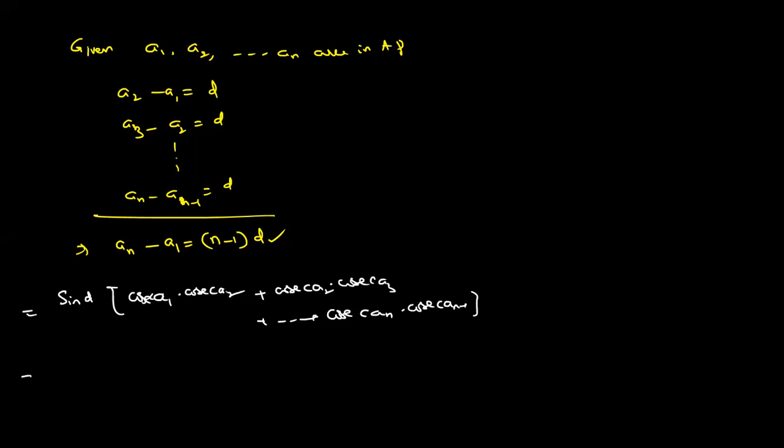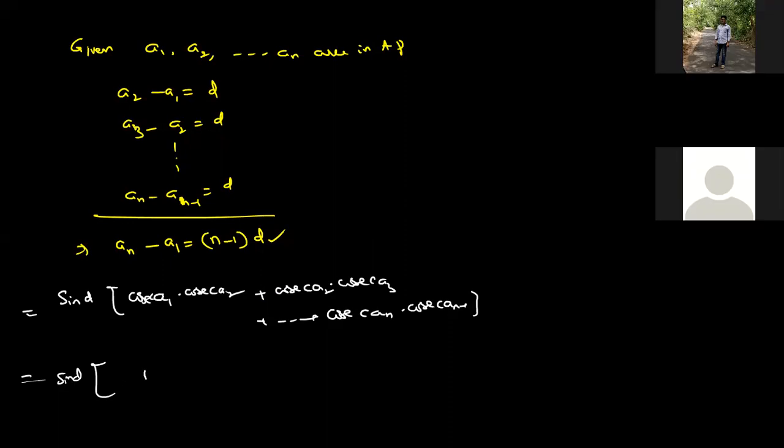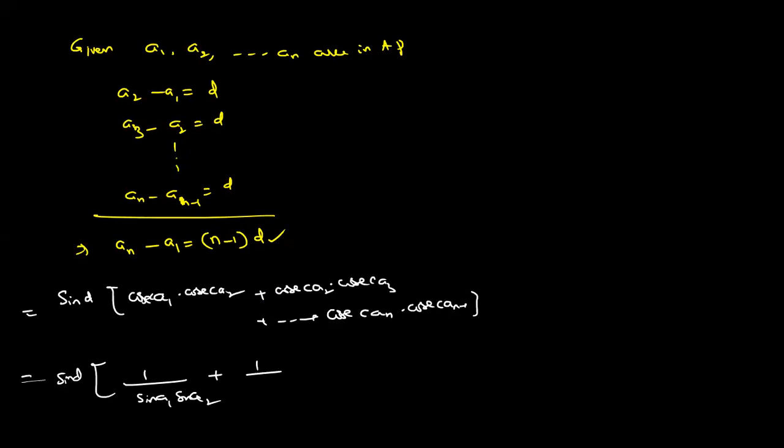So how to write, dear students? See carefully. Cosecant means 1 by sin: 1 by sin A1 sin A2 plus 1 by sin A2 into sin A3, and so on, 1 by sin AN into sin A(N-1).